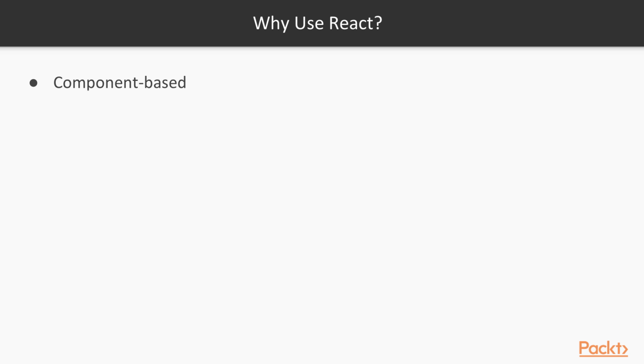So why use React? For one reason, it's component-based. That means that we don't have to write everything monolithically in one giant page. We just write a little bit here and there in different places, and we bring all those together in one HTML page. Each of those components manages its own state. And that's great because it means that you don't have to remember what the state was changing from one component to another.